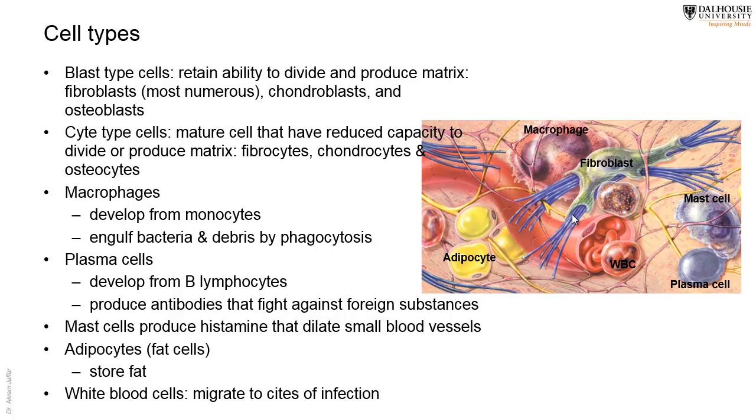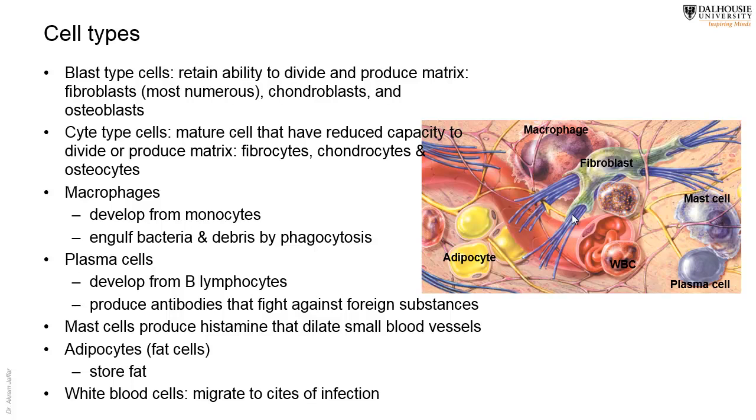Now, the types of the cells. We are talking about the cells of connective tissue. So we have blast type of cells, meaning the cells that have the ability to divide. They retain their ability to divide, multiply, and produce the extracellular matrix. These are like fibroblasts or chondroblasts. Fibroblasts are the most numerous.